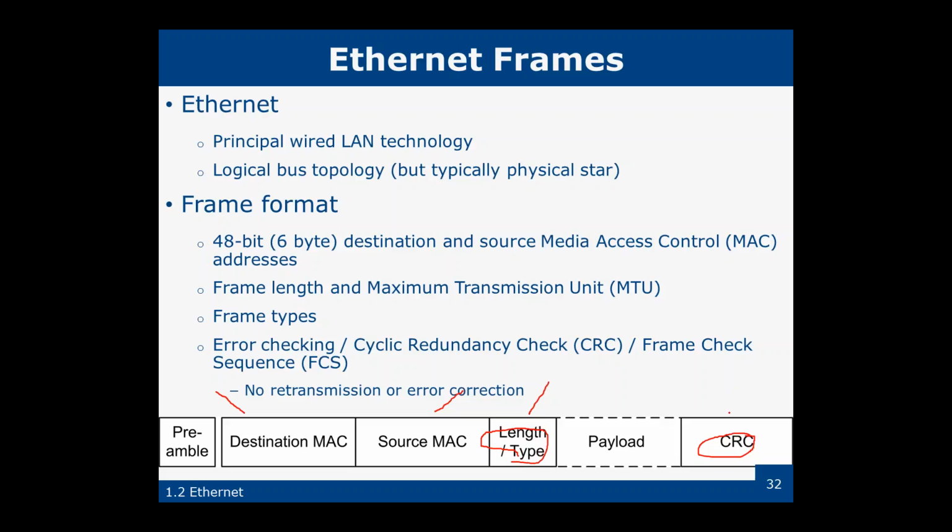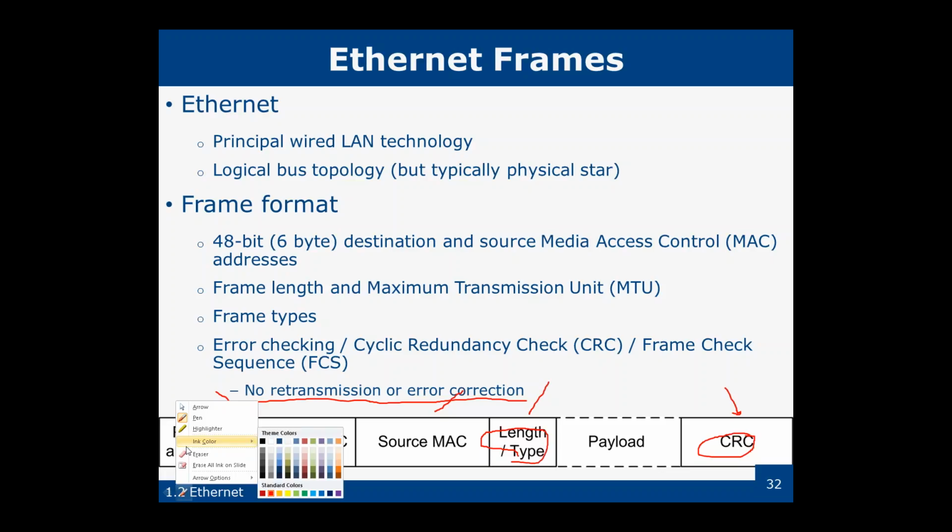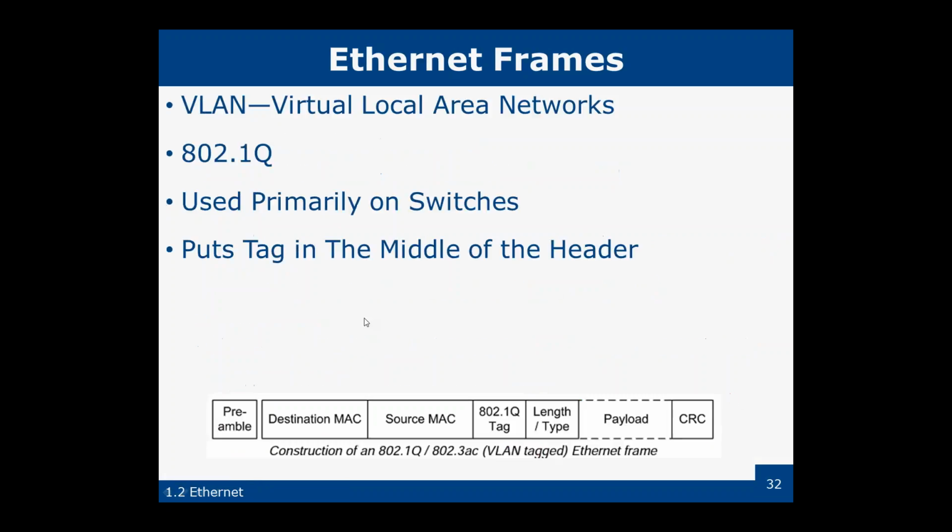If not, it throws it away. Ethernet doesn't have any retransmission or error correction. It has some error detection, and that's what this CRC does. The retransmission is done at the transport layer. That's the reliability they talked about.